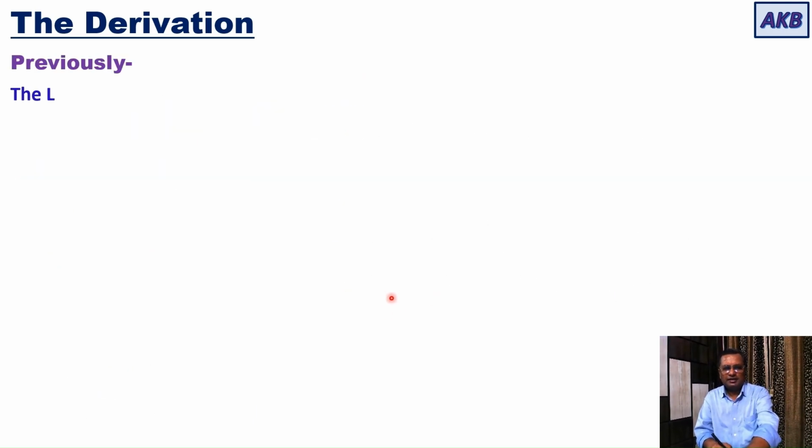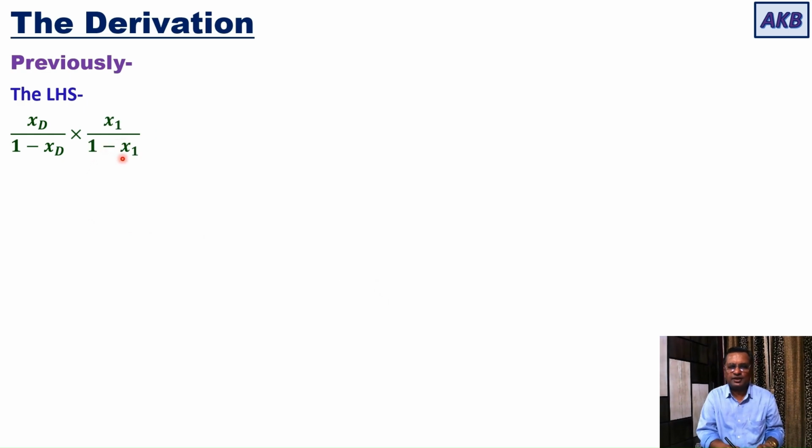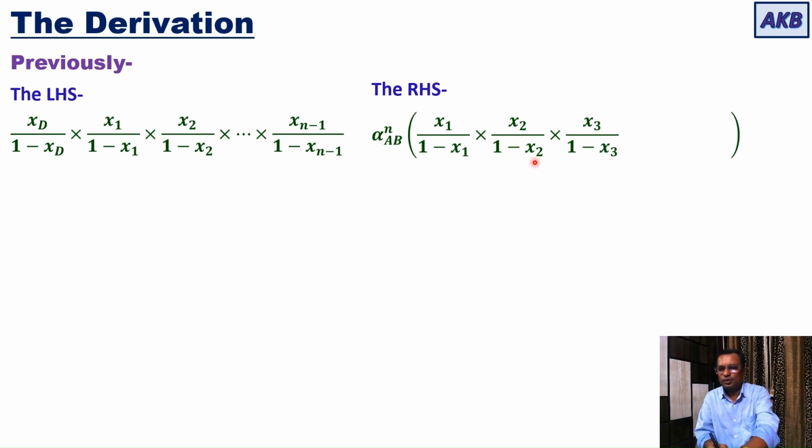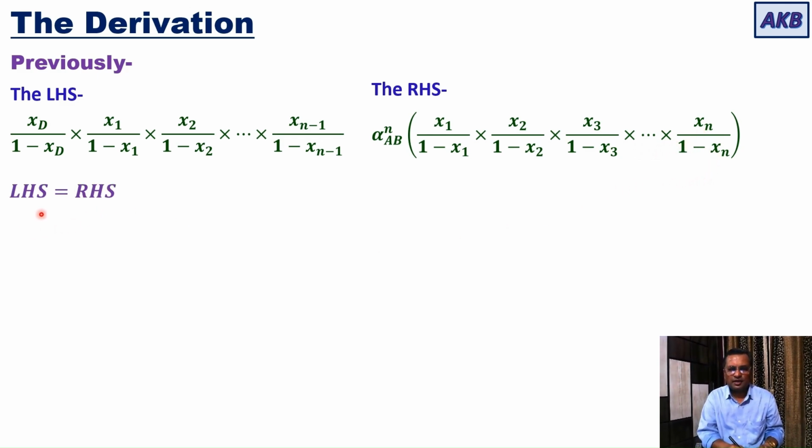So previously we got this: the left hand side is xd upon 1 minus xd into x1 upon 1 minus x1 into x2 upon 1 minus x2 into the last term xn minus 1 divided by 1 minus xn minus 1. The right hand side is alpha AB raised to n into x1 upon 1 minus x1 into x2 upon 1 minus x2 into x3 upon 1 minus x3, and the last term is xn upon 1 minus xn. Now let us equate the two sides, that is LHS is equal to RHS.